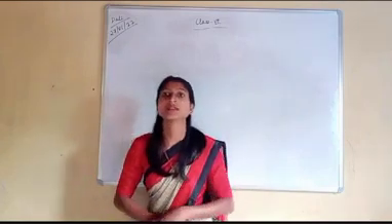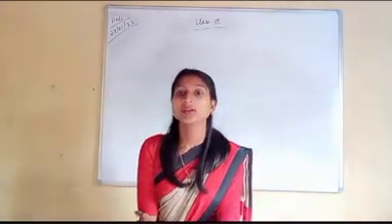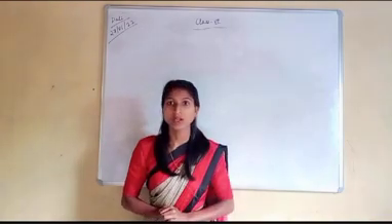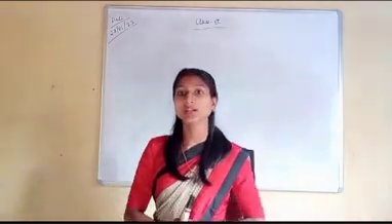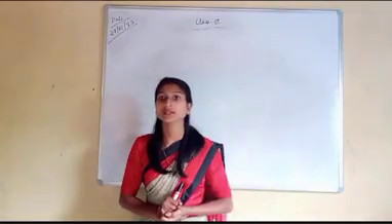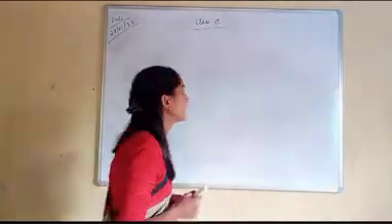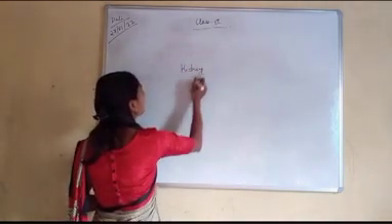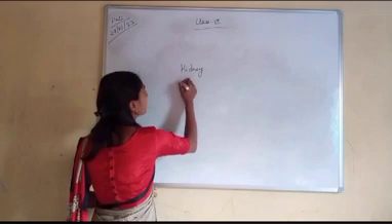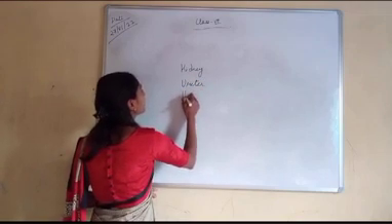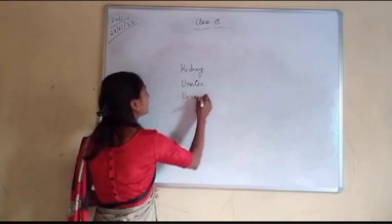So students, if you all remember, when we were studying the human excretory system, we studied the organs associated with it, isn't it? What were those organs? Yes, kidney, ureter, urinary bladder, very good.